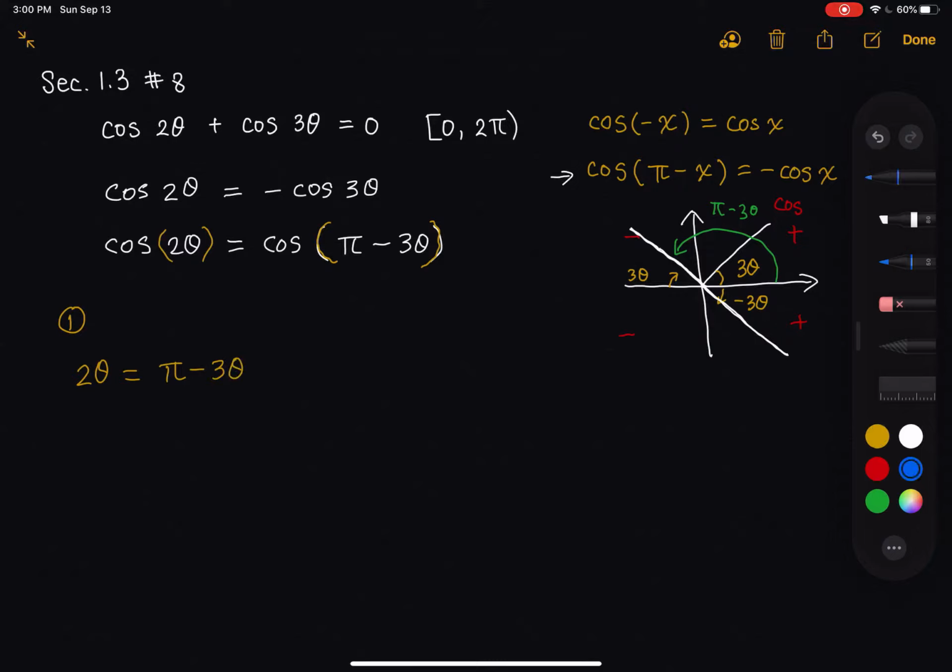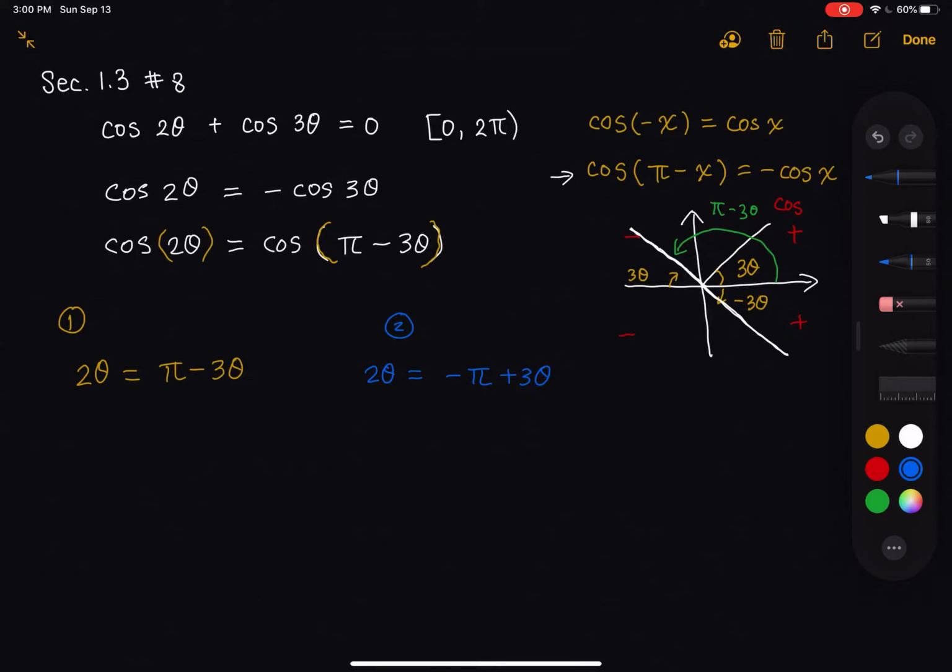Another possibility is that the cosine value is the same, so they can only be either the same angle or opposite of each other. So 2 theta will equal negative pi plus 3 theta.